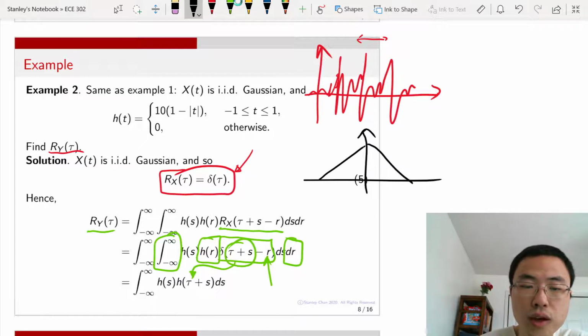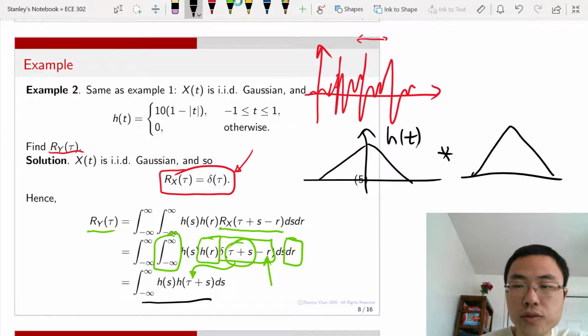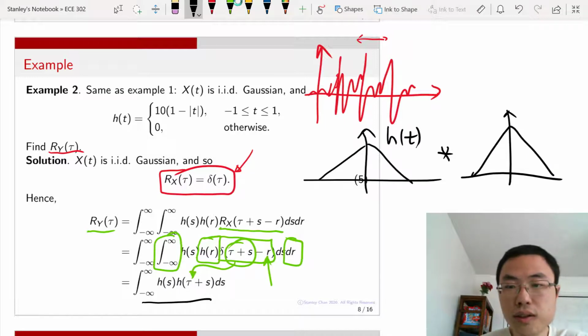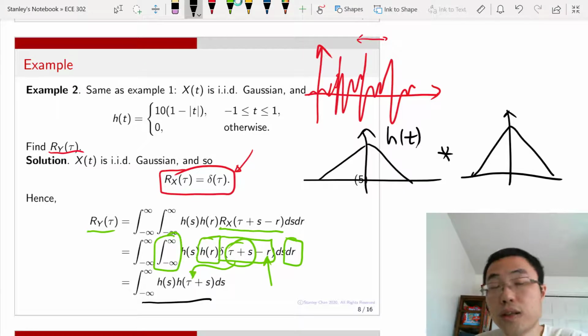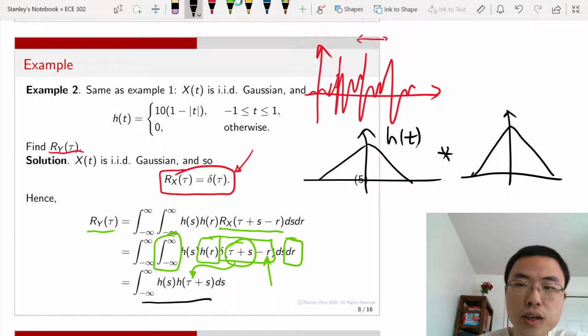Here is your h, this is your h of t. Now, what you're doing in this integration is that you just convolve it once. Certainly this is not convolution, this is a correlation, but it doesn't matter because this function is symmetric. For any symmetric function, a convolution is the same as correlation. So you do the convolution once, and we can imagine what will happen.